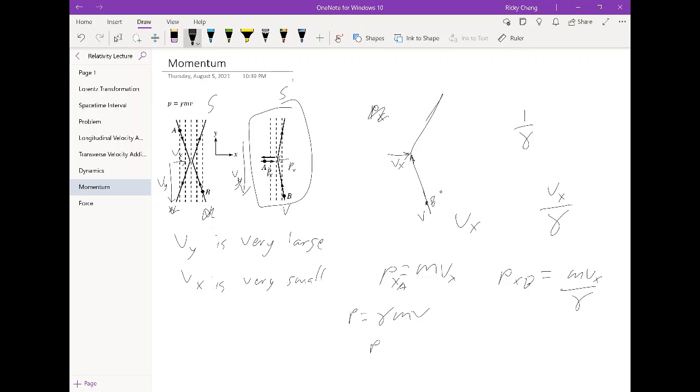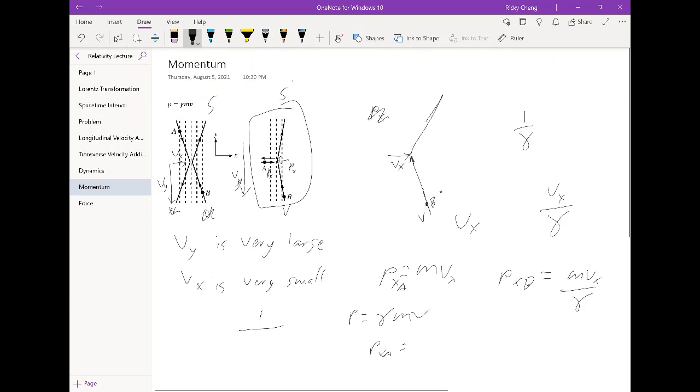Now if we look at Pxa, the gamma for A is 1 over the square root of 1 minus Vx squared over c squared. But as we noted earlier, A's velocity is very small, so the gamma for A is essentially equal to 1. So Pxa approximates to mvx.